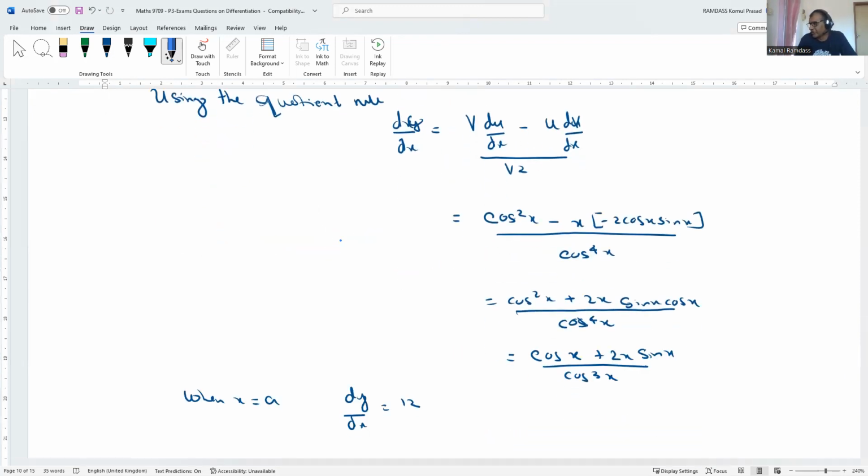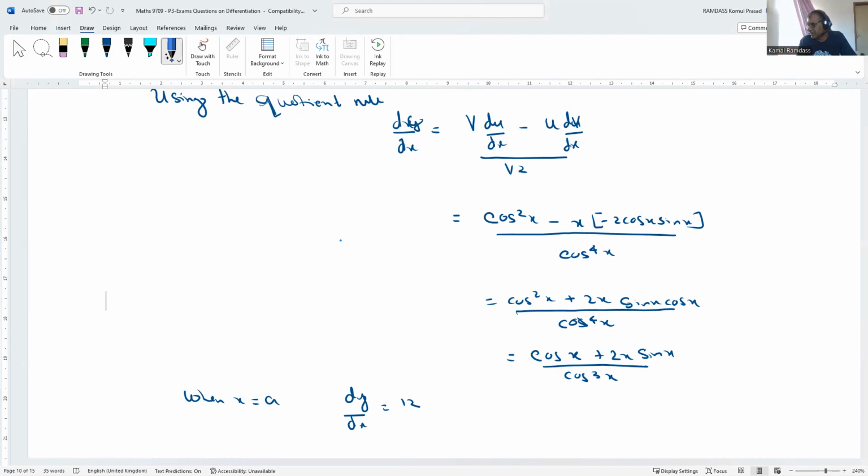Et finally, on gagne cos square plus 2x cos de x sin de x, on renverse, OK, divided by cos de 4x.